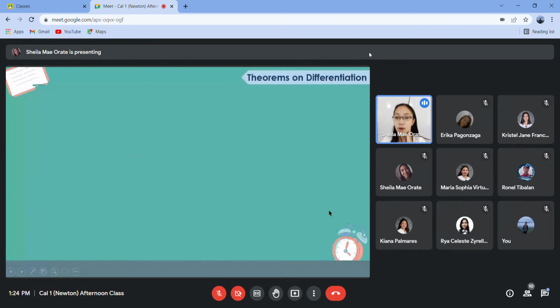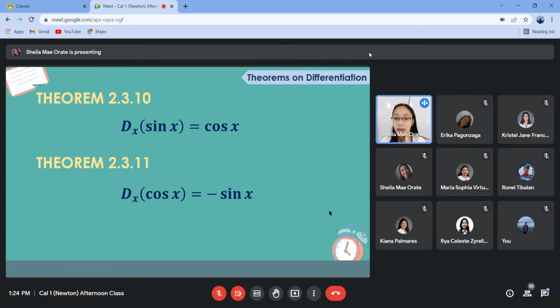What's the first theorem for trigonometric functions? The derivative of sine x is equal to cosine x. Remember that. Next, the derivative of cosine x is negative sine x.